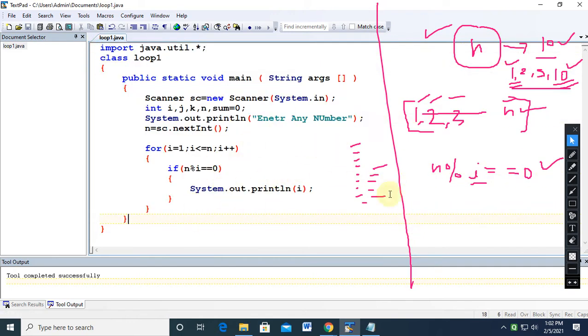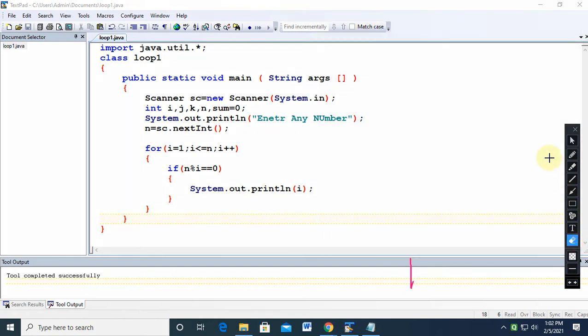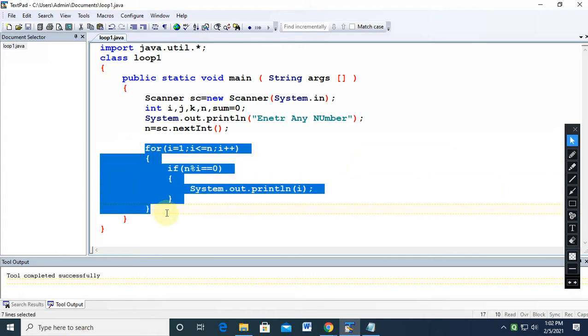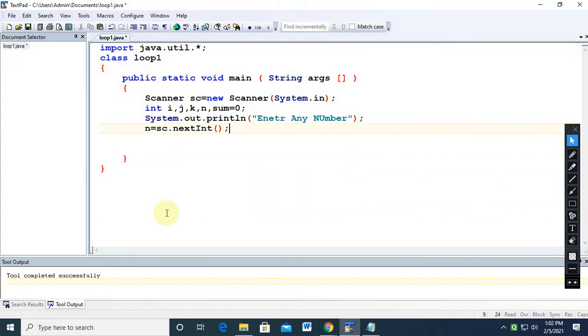Okay, so now let's continue with the last homework. Do you remember the next question? Yes, sir. Tell me. Sir, print the sum of all even numbers up to the limit. The limit is here, that is your n.